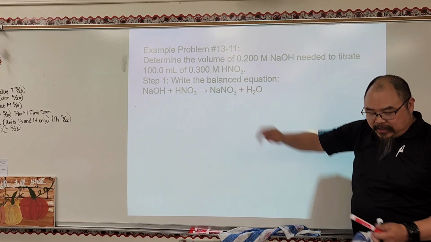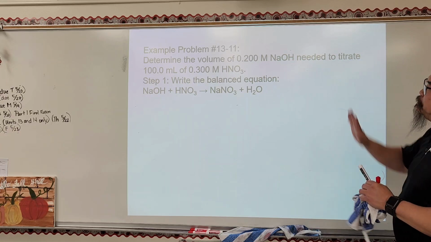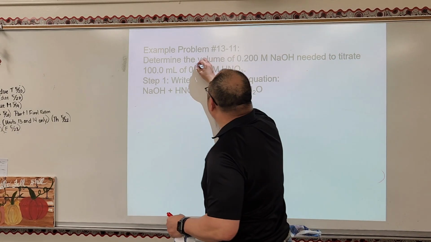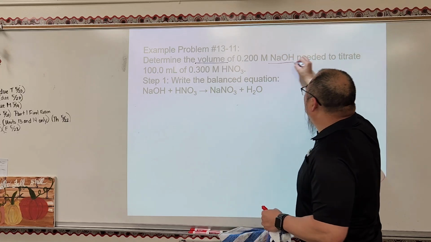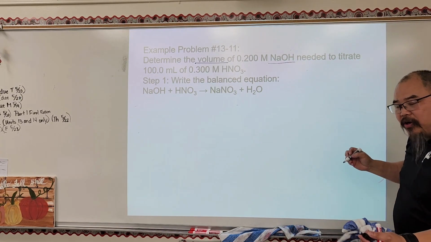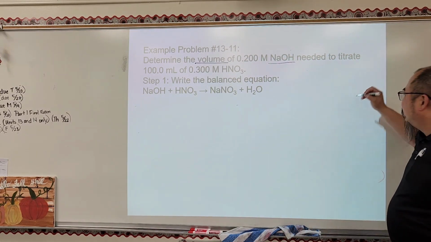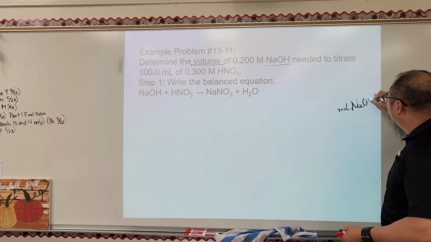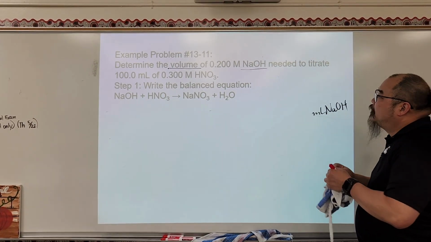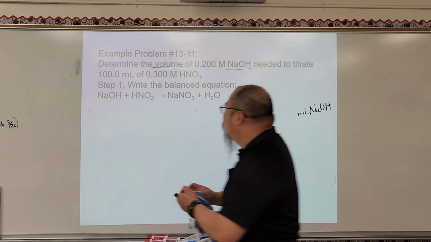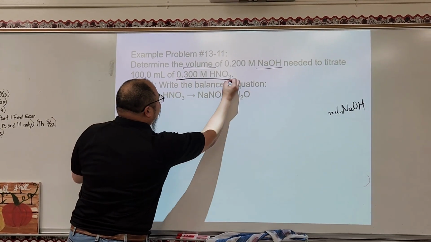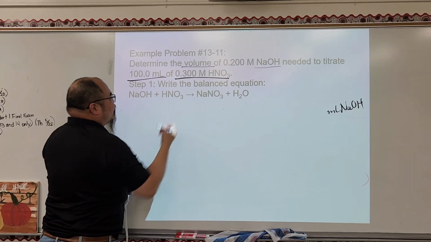Again, we need a balanced equation, but let's stop and figure out what we need. We need to determine the volume of sodium hydroxide. So the volume could be liters. We're going to calculate milliliters of sodium hydroxide. We have our titrant, again, what we know the concentration of, and we know the volume of the nitric acid.